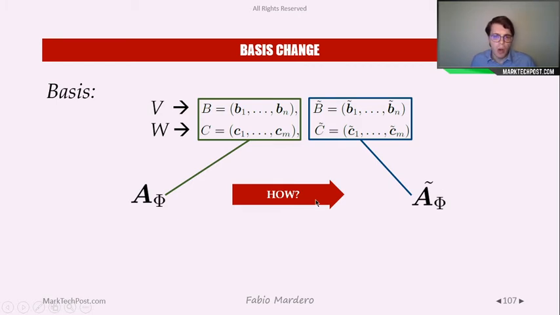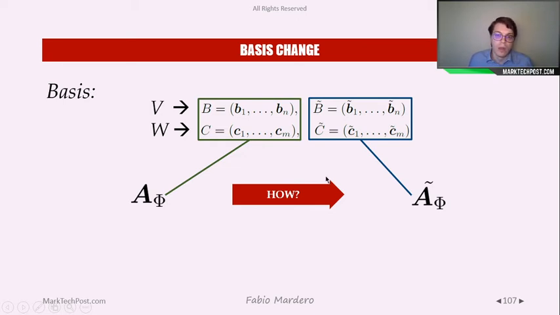But now, since the linear mapping is the same, the linear map cannot change if we change the basis. The concept behind it should be the same. So there must be a way to go from A of phi to A tilde of phi, for example. But how?